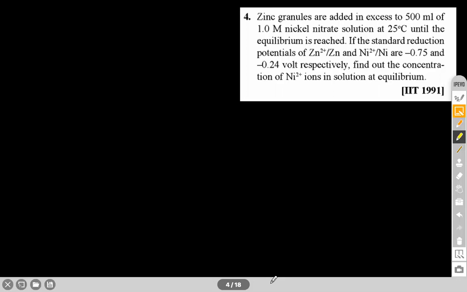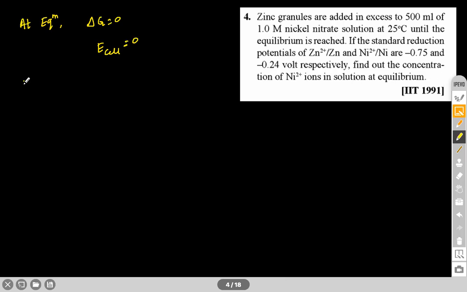at equilibrium, right? So we know first of all at equilibrium what happens? At equilibrium, delta G is 0, right? So the first thing that we know at equilibrium, delta G is 0 and hence E cell is equals to 0.